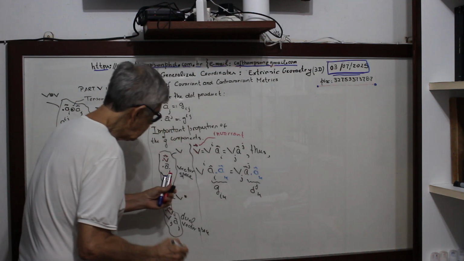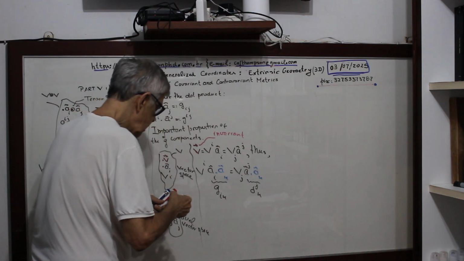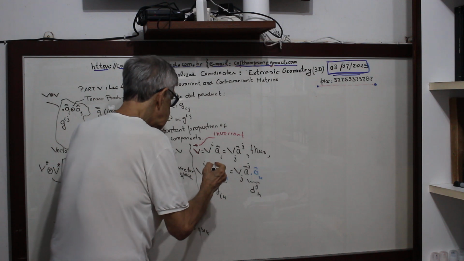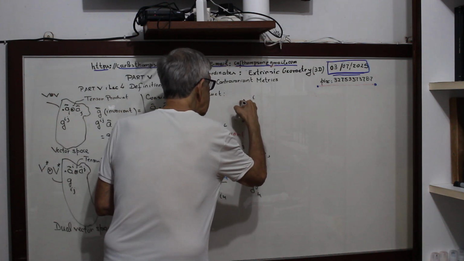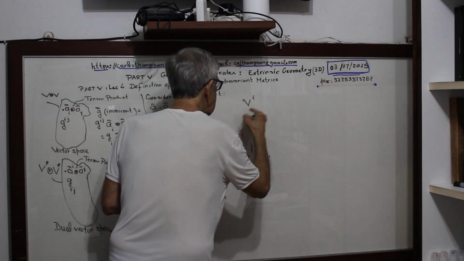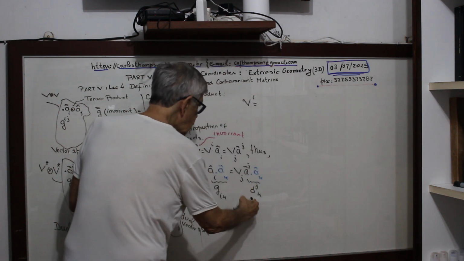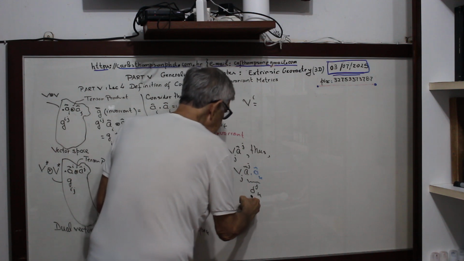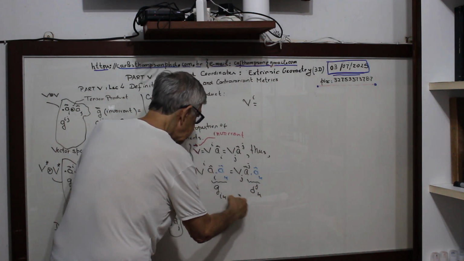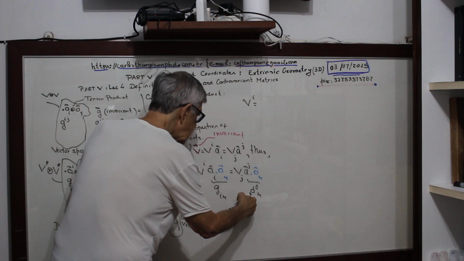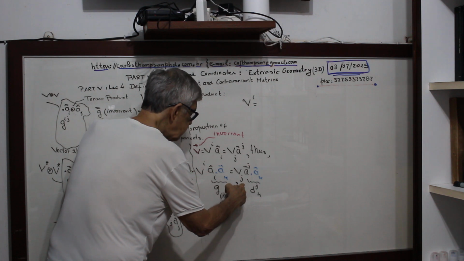You see? Then I can write that v^i G_ik is equal, just copy from here, delta, on this side over here, this is v_k.